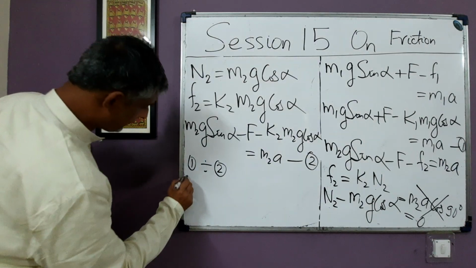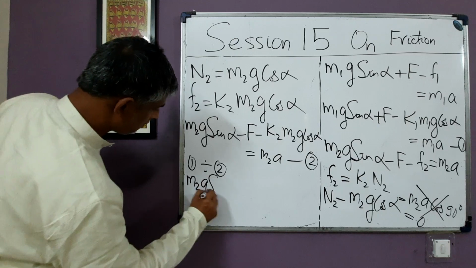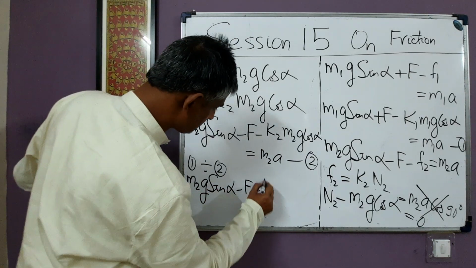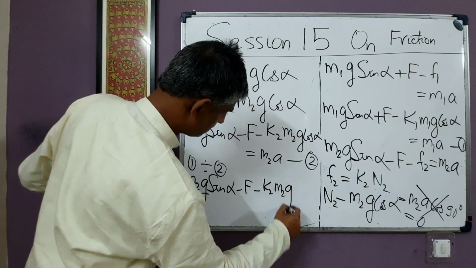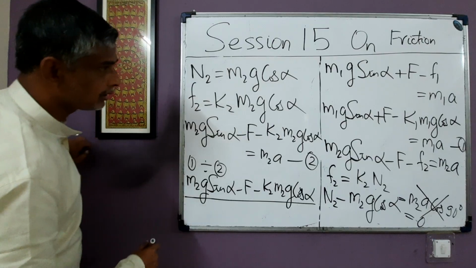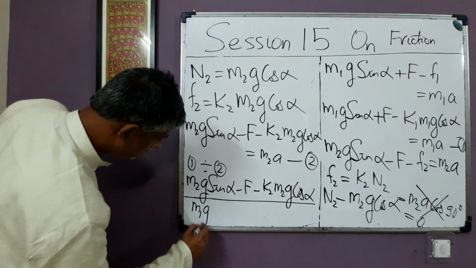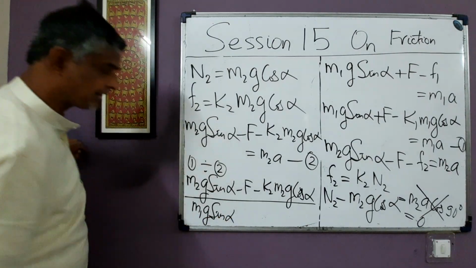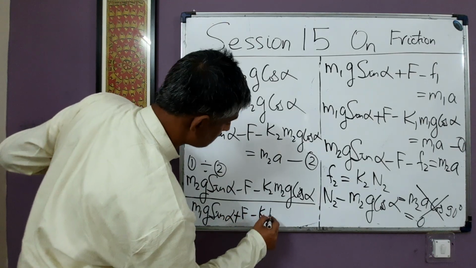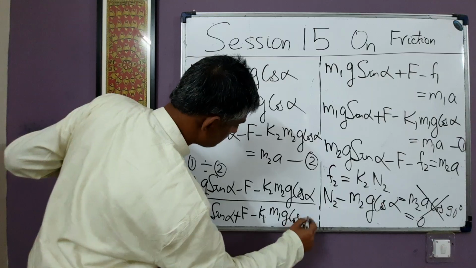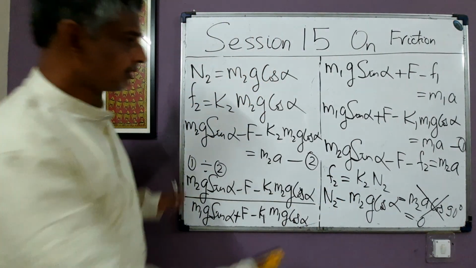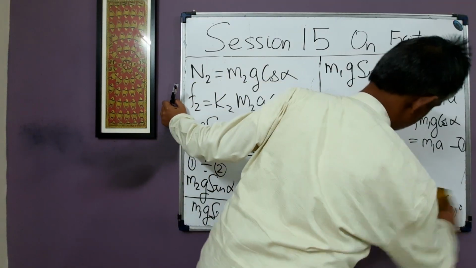I get m2g sin alpha minus F minus K2 m2g cos alpha upon m1g sin alpha plus F minus K1 m1g cos alpha.